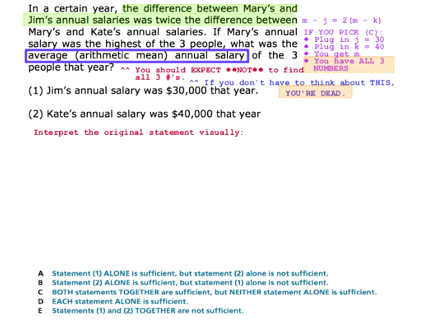If you put these things on a number line, you know that Mary is on the right because Mary's salary is highest. To visualize that statement directly as given, let's put Mary here. Then we know you've got a difference between Mary and Kate, which is a smaller difference. So this is the difference between Mary and Kate.